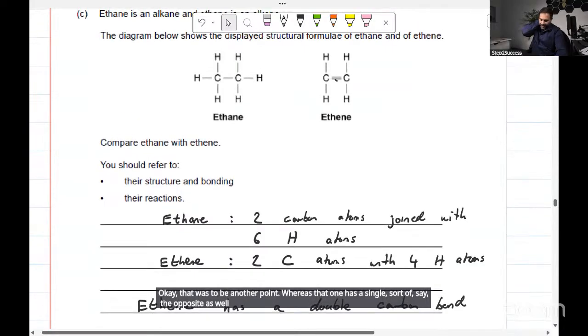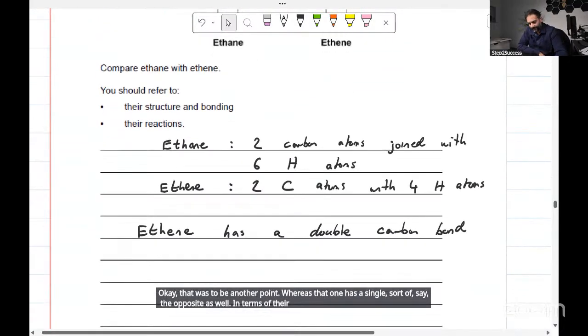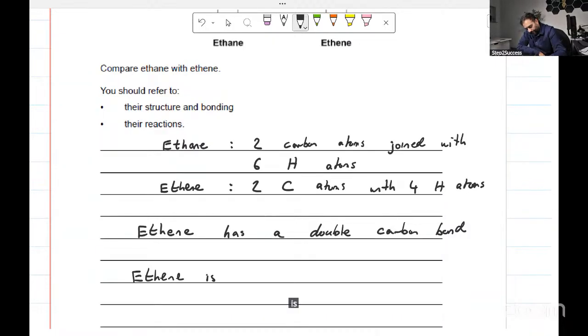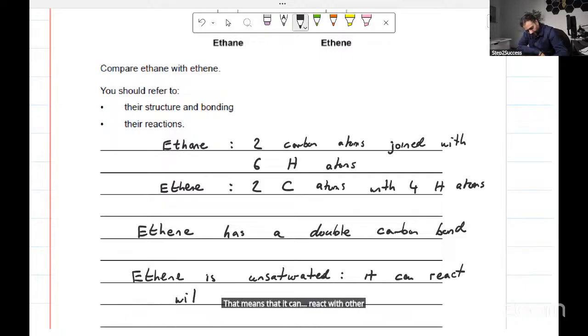In terms of their reactions, you want to say that ethene, well, all alkenes, are what we call unsaturated. That means that it can react with other substances by opening up that double bond.